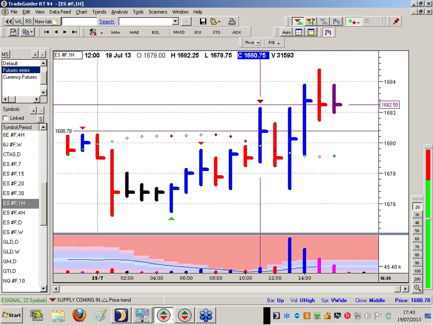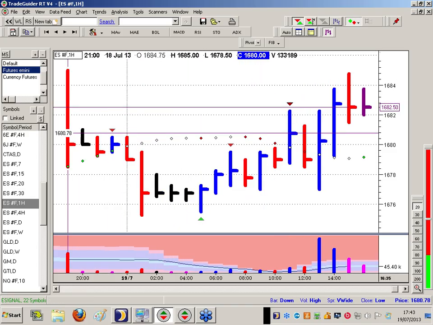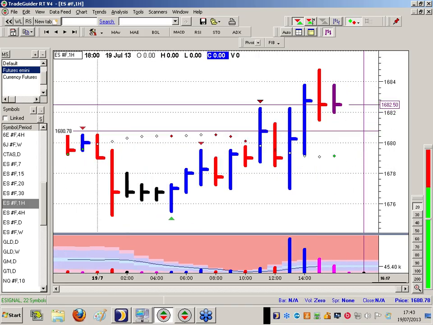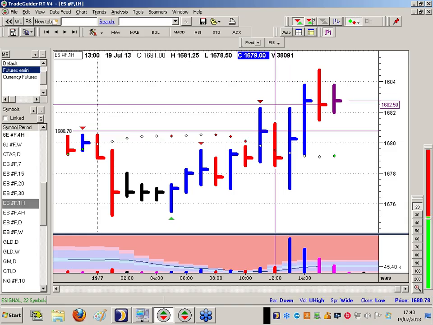Now, admittedly, the volume is not all that high, but relatively it is. If I could move this, if you look at the volume, that's 2 or 3 times higher than the previous one.